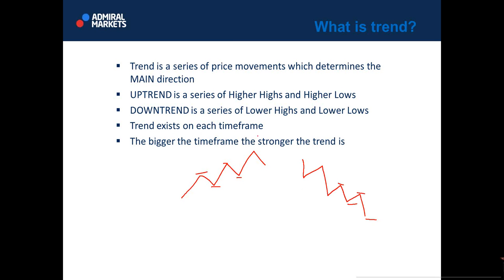Trend exists on each time frame, so it can exist on 1 minute and 1 month. Generally, if we want to go with intraday trading, we want to spot a trend on, let's say, the 1 hour time frame. Usually 5 minutes is used for scalping and 15 minutes is used for multiple time frame entries.